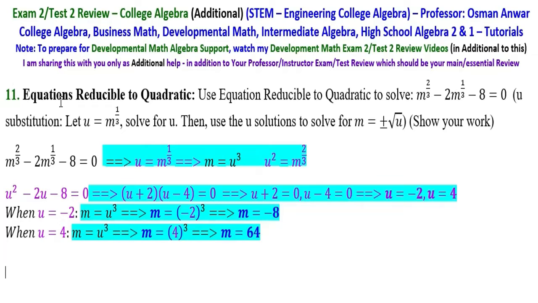Again, number 11 is an equation reducible to quadratic. Use equation reducible to quadratic to solve m to the 2/3 minus 2m to the 1/3 minus 8 equals 0. Use substitution, let u equals m to the 1/3. Then solve for u.